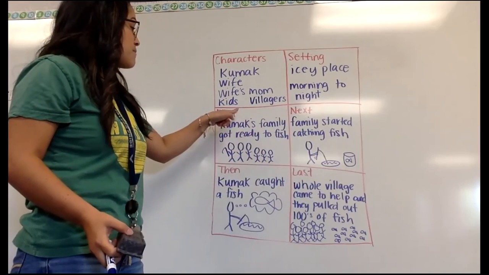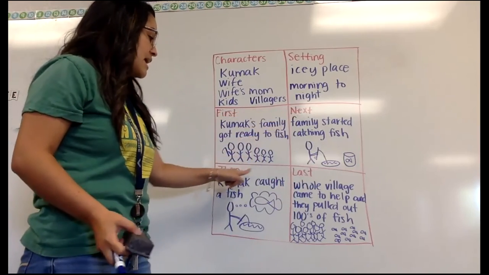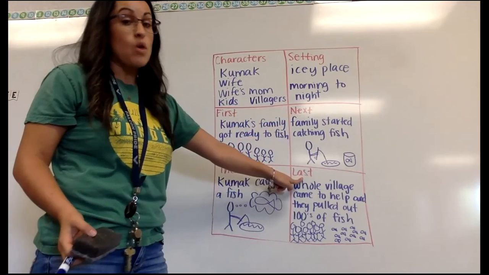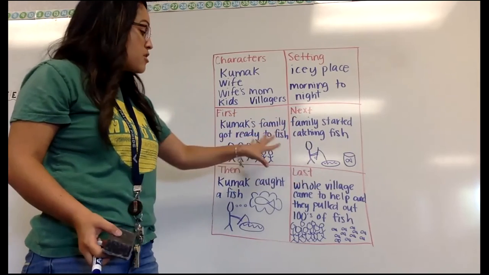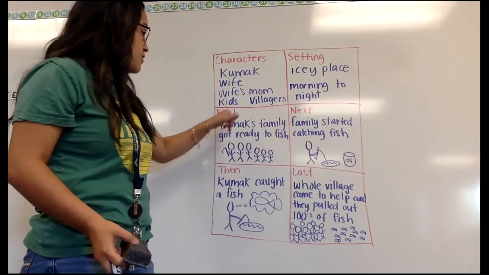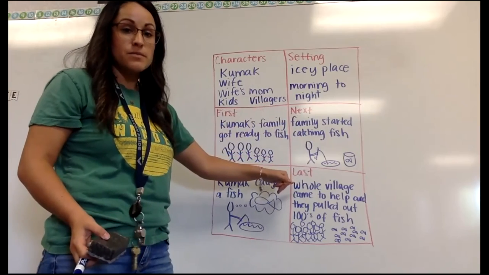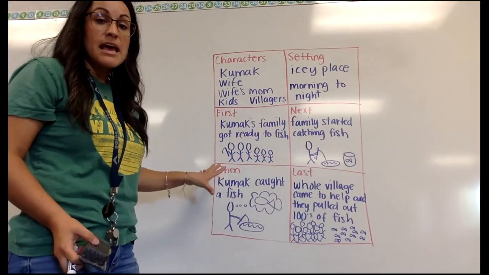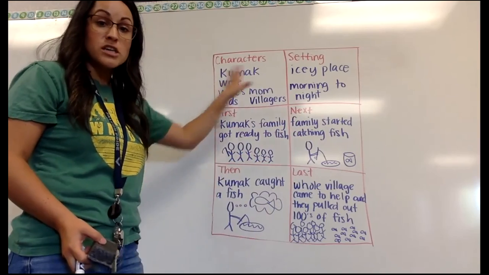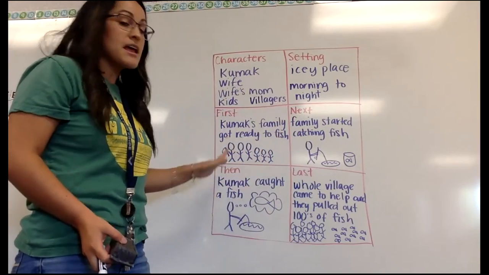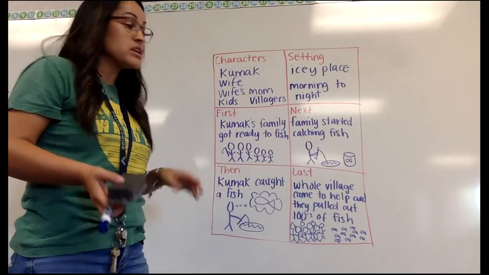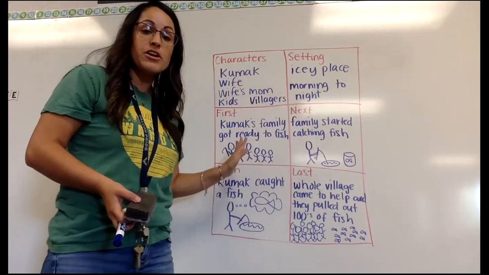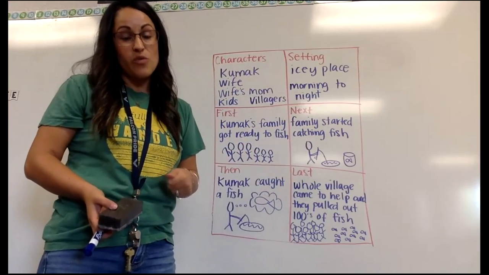You could say first, then, next, lastly, or finally. But in third grade, we typically use first, next, then, and last. Okay? So your job is to complete this, and I did it with you. So you're just copying this. And then as the week goes on, I'm eventually going to stop filling this in for you, and you're going to do it by yourself with a new story.